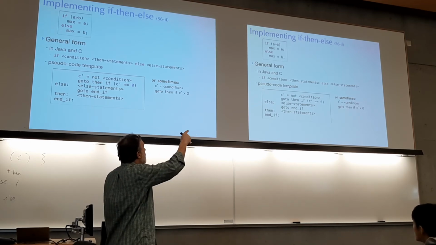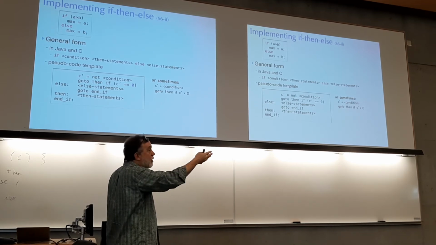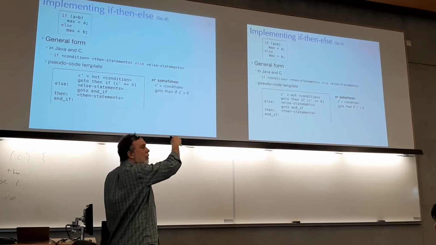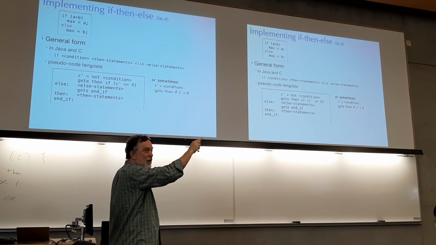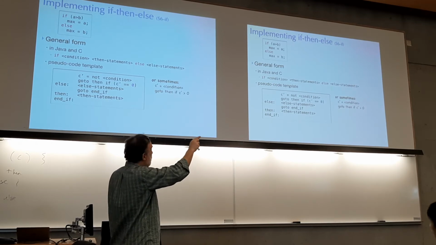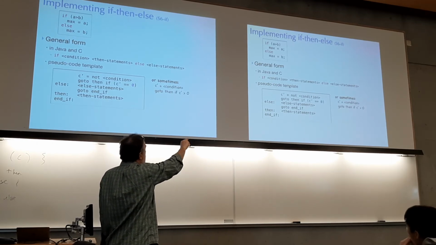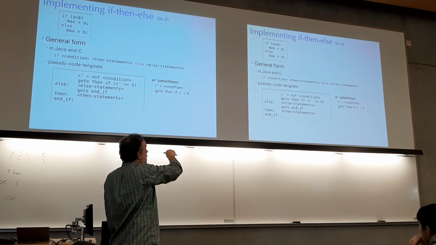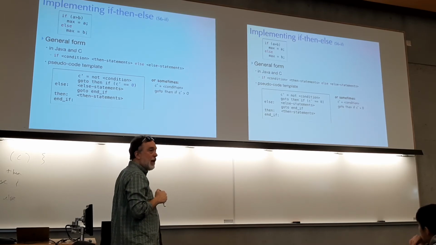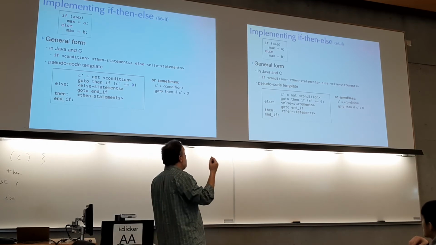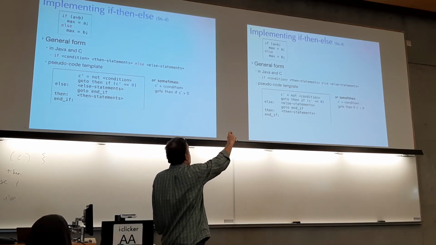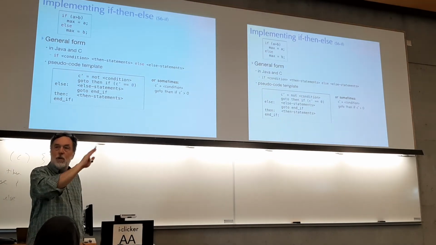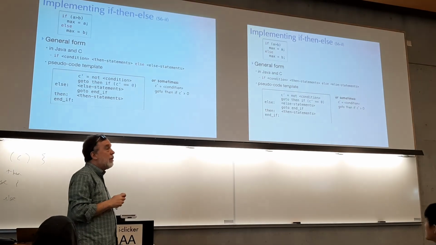So if the complement of the condition is false, in other words the condition is true, then jump to then. Otherwise, don't jump, do the else, and then at the end go to the end. Now, if I only have then and the else part isn't there, I just skip over the then case if I don't. So there are sort of two forms of that.